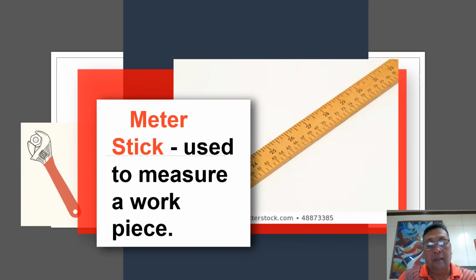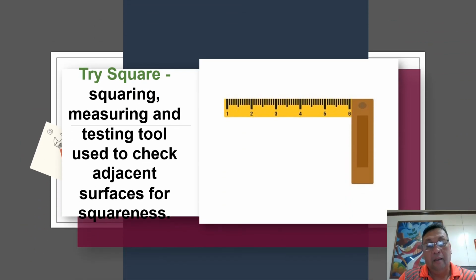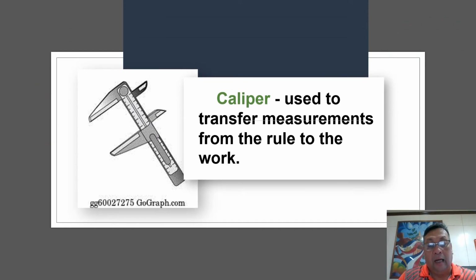Meter stick, used to measure a workpiece. Tri-square, squaring, measuring, and testing tool used to check adjacent surfaces for squareness. Caliper, used to transfer measurements from the rule to the work.